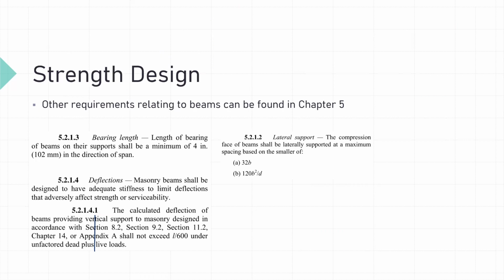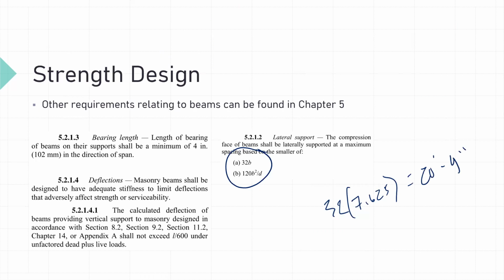Lateral support, so if we had a very tall beam, the compression face of our beam needs to be laterally supported at either 32 times b or 120 times b squared over d. So depending on the height of our beam, if we had an 8-inch wall, so 32 times 7.625, we'd be looking at 20 feet 4 inches.